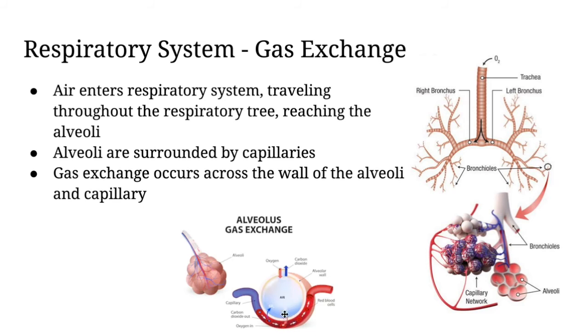So it would diffuse across the walls of the capillary and the alveoli, because there would be less carbon dioxide in the air that's inside the alveoli. The opposite happens with oxygen. There would be a lot of oxygen in the alveoli that would diffuse across those walls and go into your bloodstream, so it can be taken to all of the cells of your body to continually get oxygen to your cells.